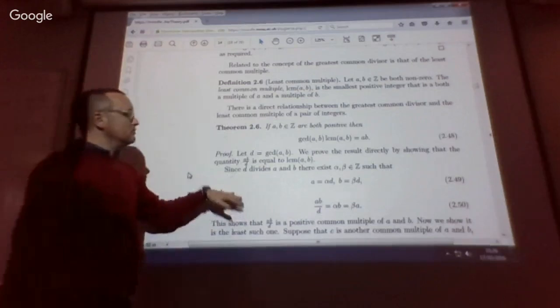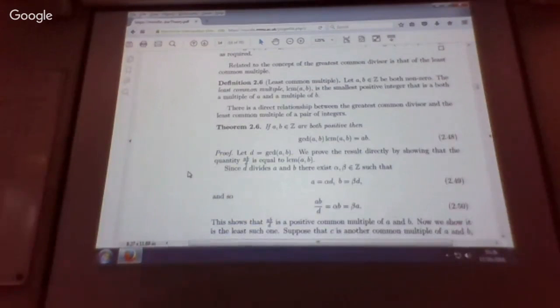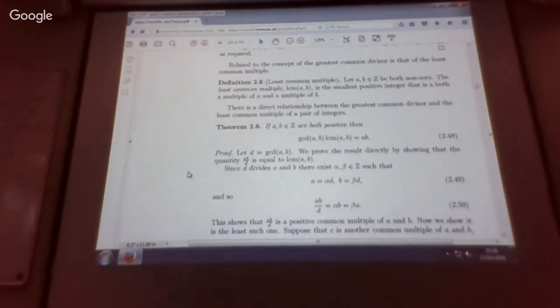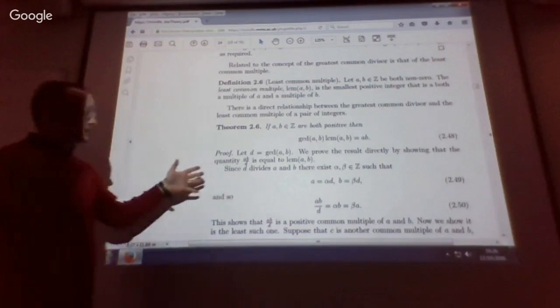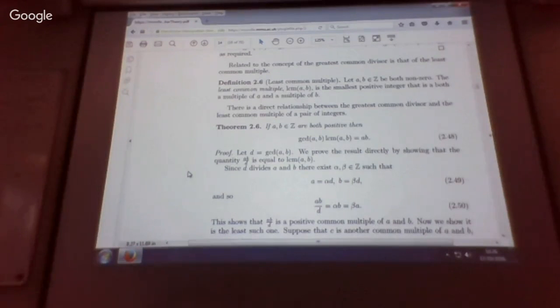Okay, and here's a proof. You could prove this in terms of the prime factorizations idea, in terms of the overlap and union of prime factorizations, and that would be a good exercise to do, except that it's all premised on needing to prove the fundamental theorem of arithmetic first. But here is a proof which just deals with the linear combinations idea, which we already have about the greatest common divisor.